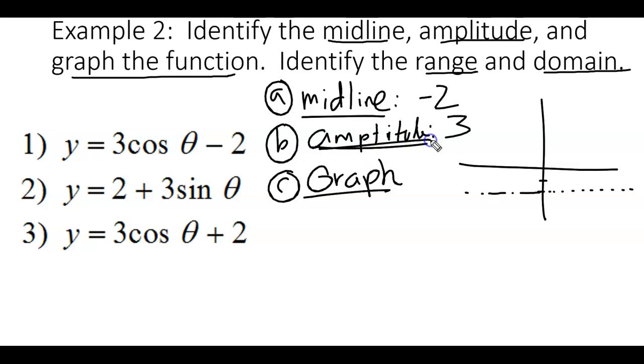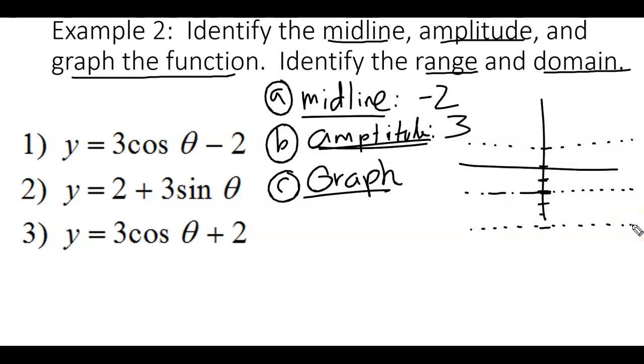Since the amplitude of this graph is 3, starting at the midline, I'm going to go up 3 spaces: 1, 2, 3. That's going to be my maximum. If you add your amplitude to your midline, you get your max. And to find your minimum, you're going to go down 3 from your midline: 1, 2, 3. And that's my min.